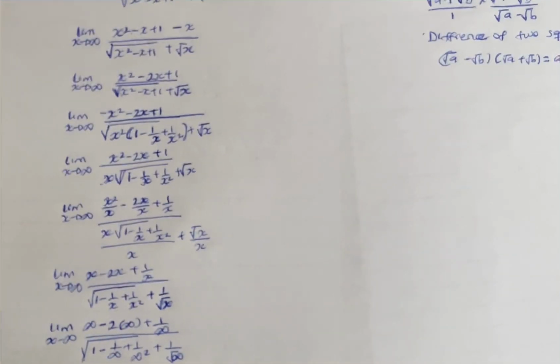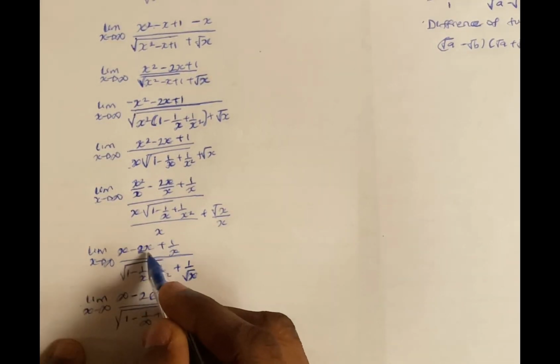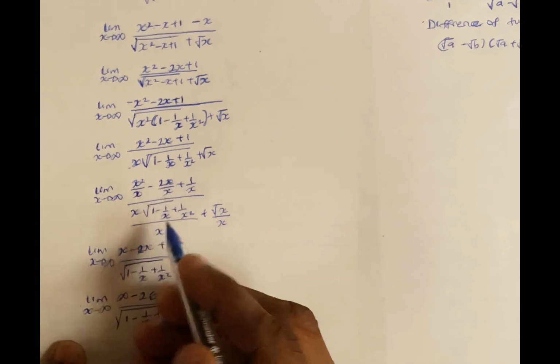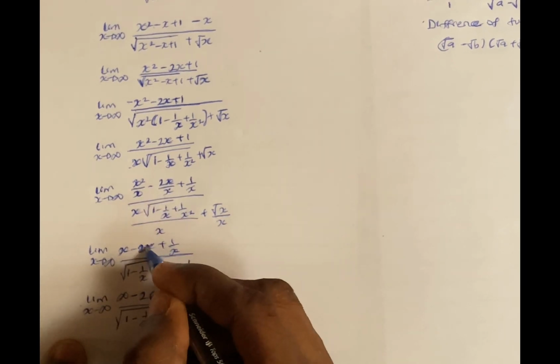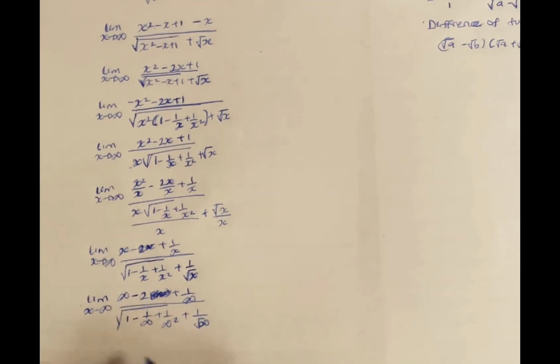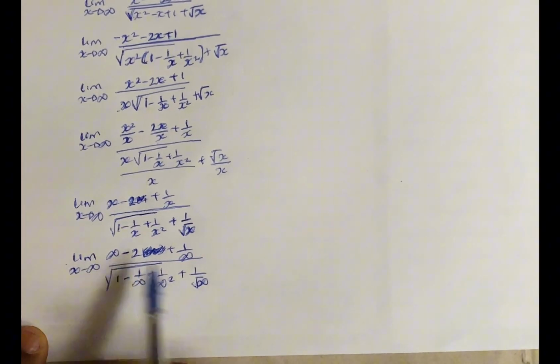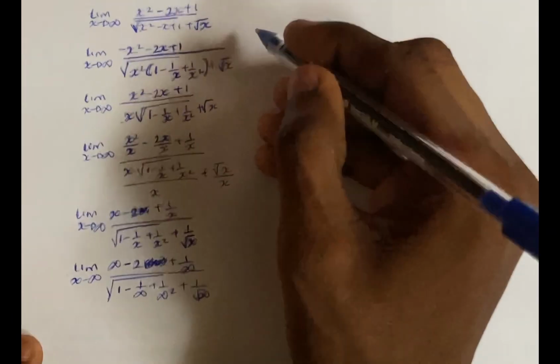Alright, we made an error here: 2x divided by x should give us 2. So this should be cancelled. So this error here, we've corrected it. Now we can substitute for it.